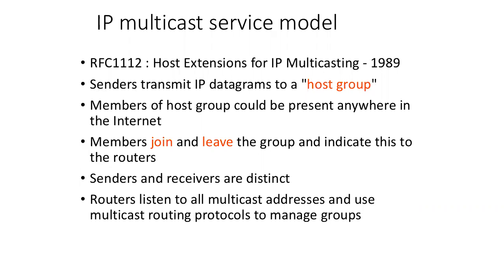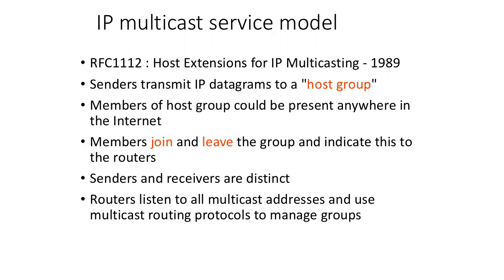And then this can be indicated to routers. So when you join a group, the router finds out and it can multicast route the packets or datagrams off to that receiver. So senders and receivers are distinct, typically different, although a sender can receive their own multicast packets. You can enable it, but usually a sender isn't in a position to receive its own multicast packets until you override the default.